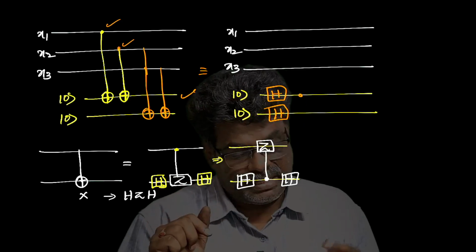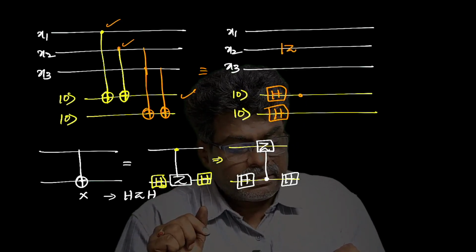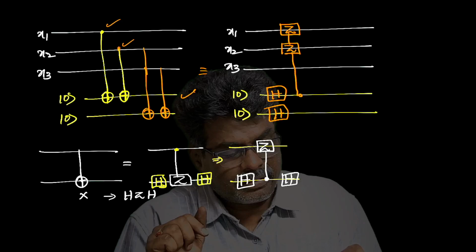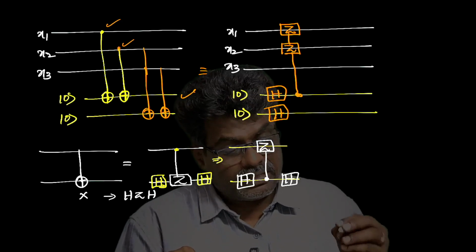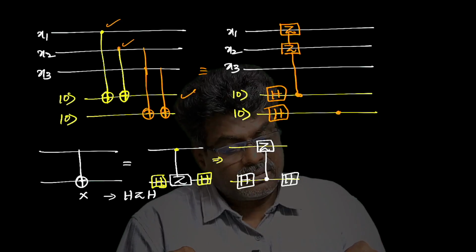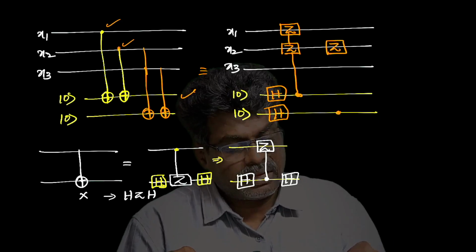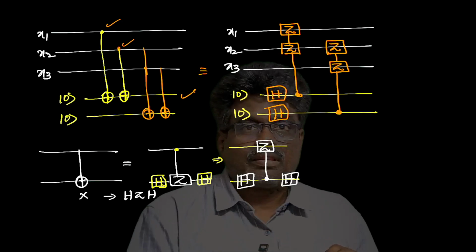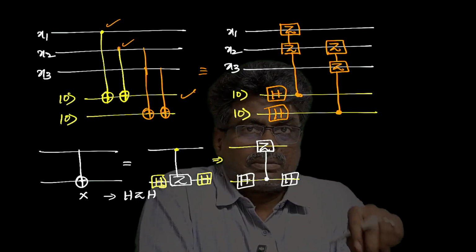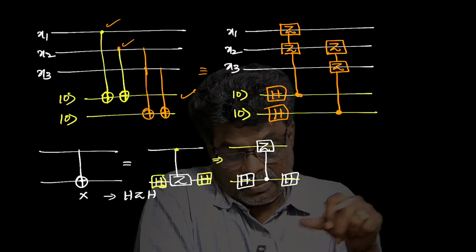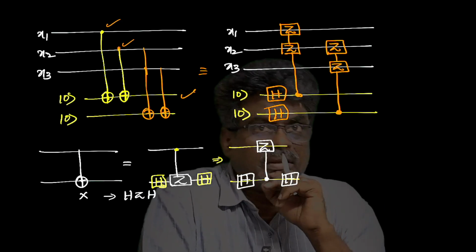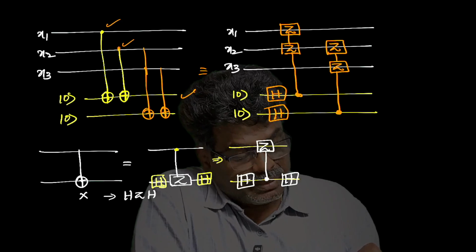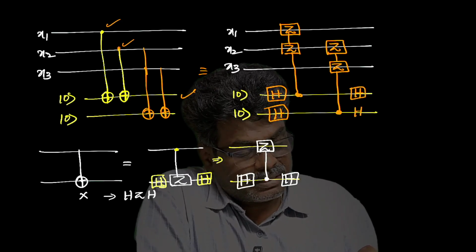So now we are interchanging it. So this is the target and here also target, okay. And similarly here, this is the target now and here is the target bit. So earlier control bits become target bits and vice versa. Okay, fine. So of course, we have two more Hadamard gates here like this.